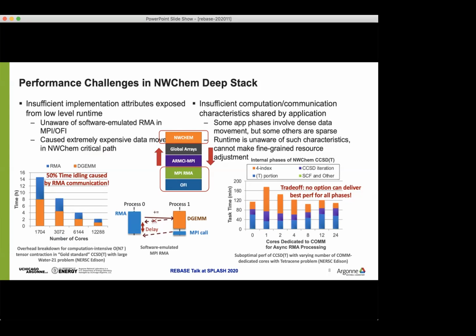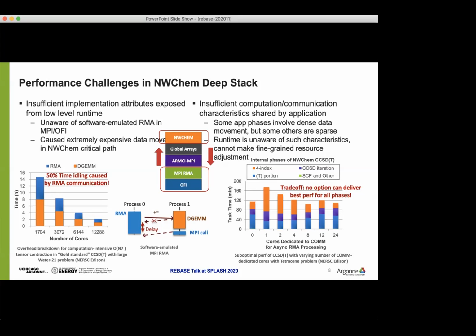That's an extremely inefficient performance. And the root cause of such inefficiency is really that the low-level communication subsystem, let's say MPI RMA over OFI, cannot handle the complex one-sided communication in hardware. So they assume that I need a remote process to progress my communication. But if the remote process is working on some heavy computation like DGEMM, then it actually causes a delay in communication. That's why we have seen such heavy overhead.